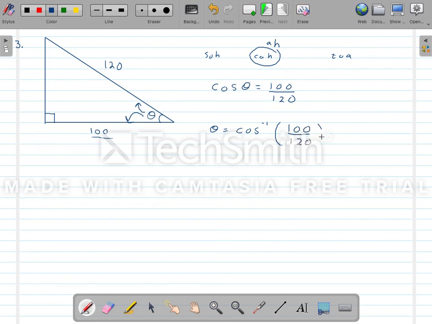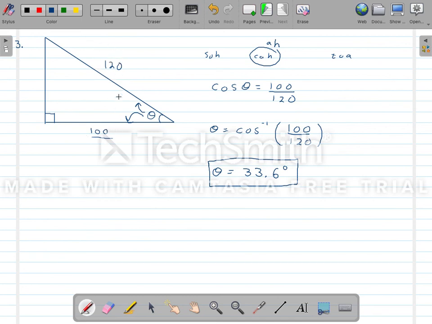Plug that into your calculator and you get theta equals what? You get theta to equal 33.6 degrees.